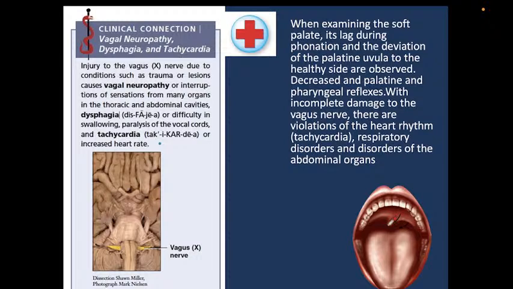Usually the uvula is symmetric, but if it deviates to one side, it means that this patient may have damage of the vagus nerve.